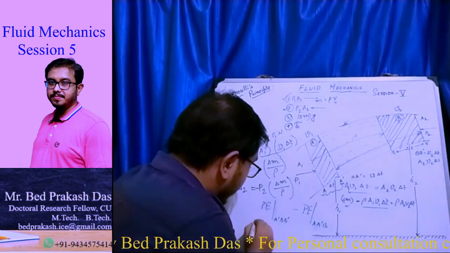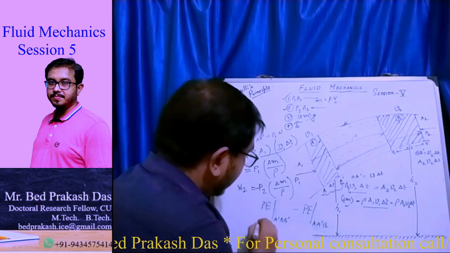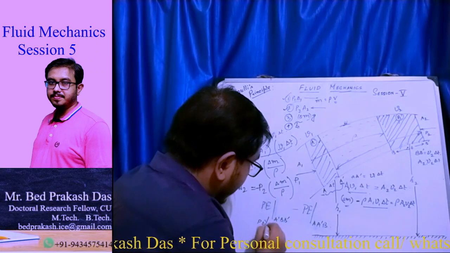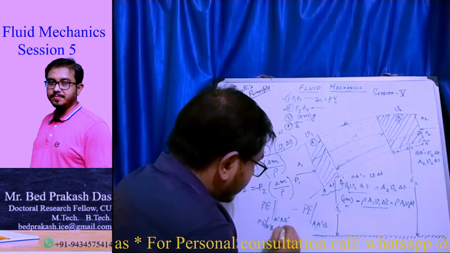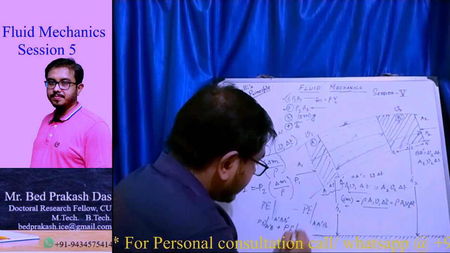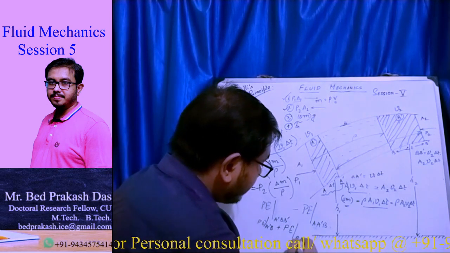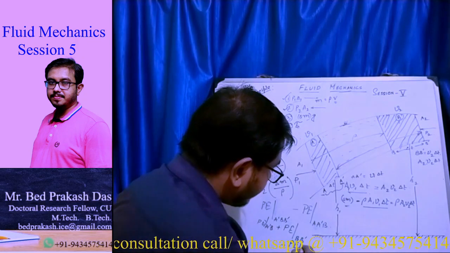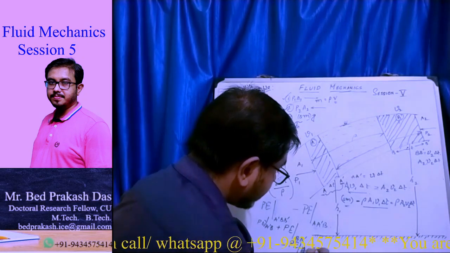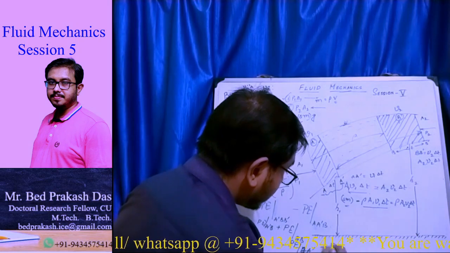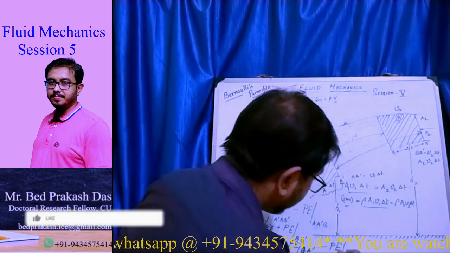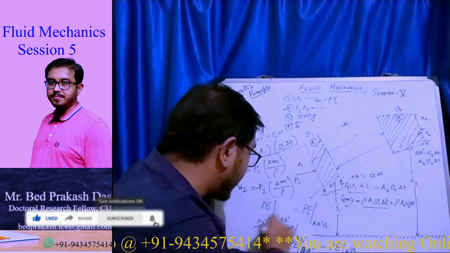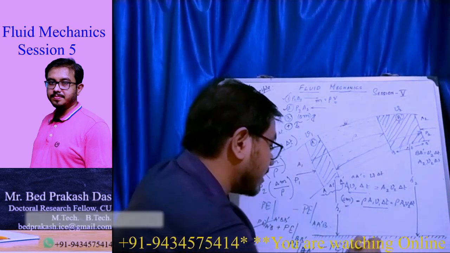Now this can be simplified in the form of potential energy for A dash B plus potential energy for B B dash, minus potential energy for A A dash minus potential energy for A dash B. From this, the potential energy of the A dash B part gets cancelled out.